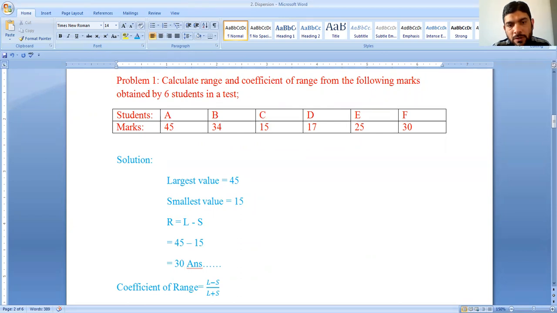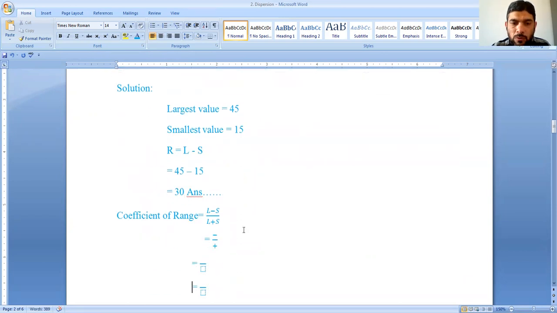For finding the coefficient, we will have this formula, L minus S upon L plus S. L, that is 45, minus 15, upon 45 plus 15.